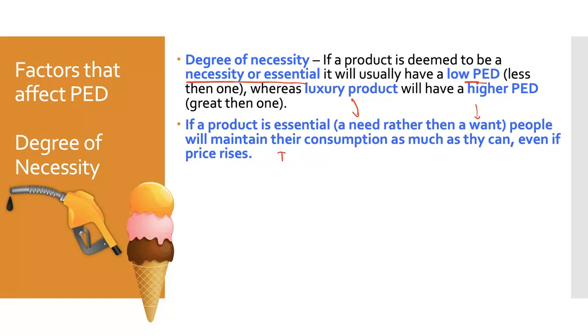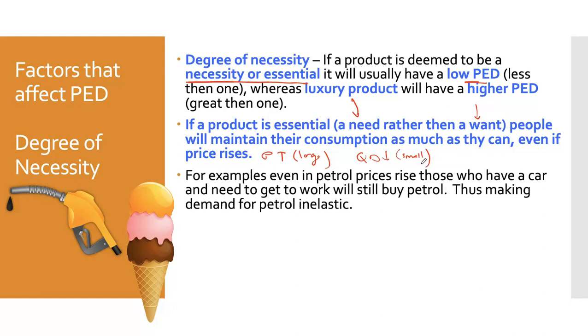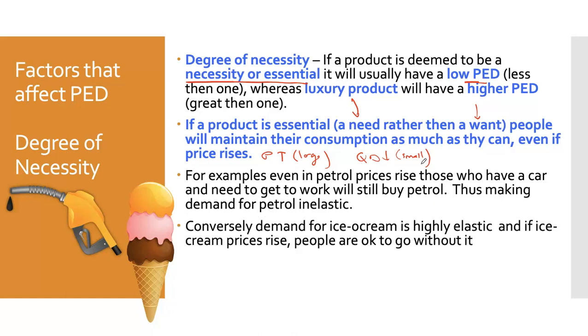Even if the price increase is large, the quantity demanded going down will be quite small because people must have it. For example, even if petrol prices rise, those who have a car and need to drive to get to work will still buy petrol. The demand for petrol is inelastic, it is essential.